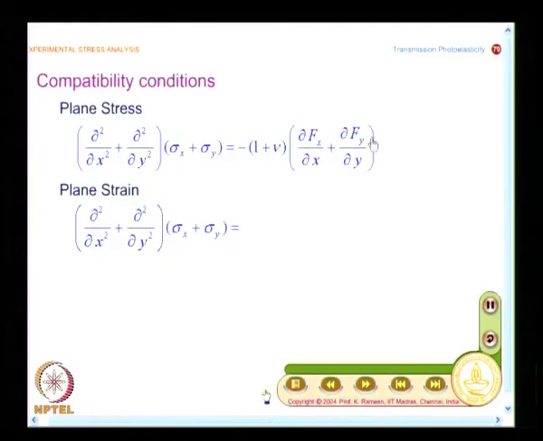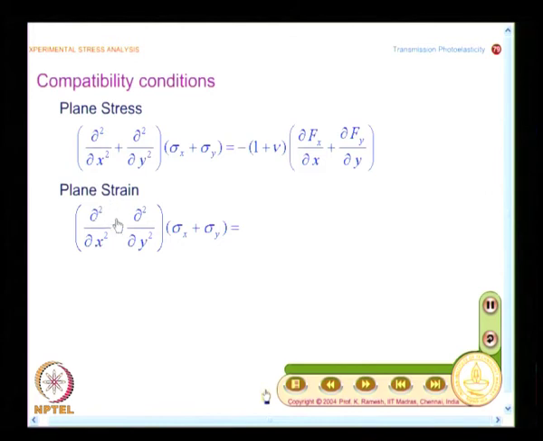Suppose you eliminate the consideration of body forces from the point of view of simplicity, you find the right hand side becomes completely 0. So, this equation will be independent of elastic constants again, and the right hand side will be slightly different when I go to plane strain.